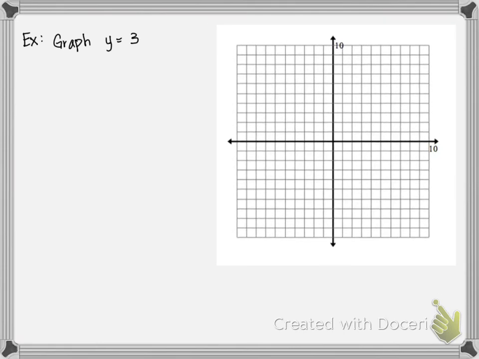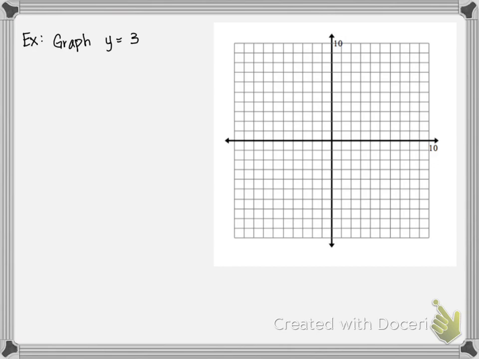So we don't need anything special to graph this. We know that y equals 3 is the line that has all the points with y value of 3. And so I'm just going to pick a couple points with y value of 3 and draw a line through. And that gets me this horizontal line.